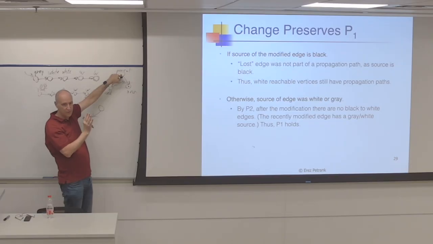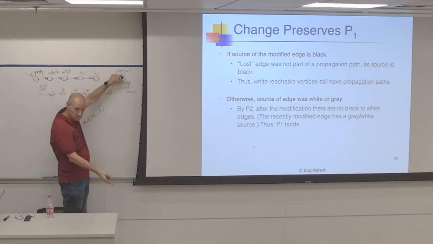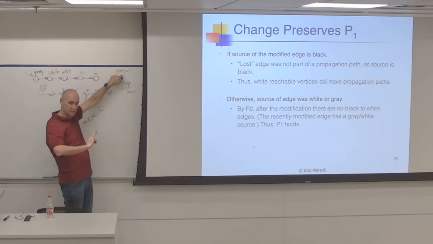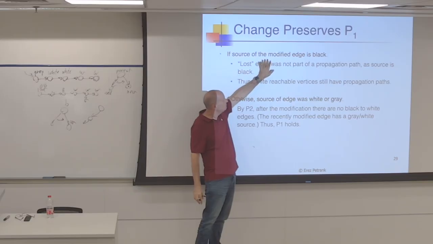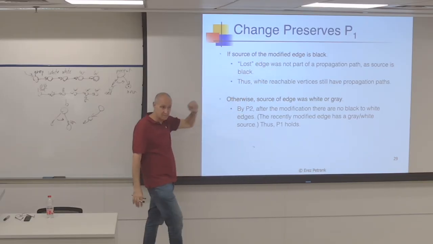Propagation paths only have gray and white nodes. So I did not destroy any propagation path before the change. Any reachable white node had a propagation path, and it should have one also after. I did not interfere with any propagation path. So if the parent was black, then I'm fine.